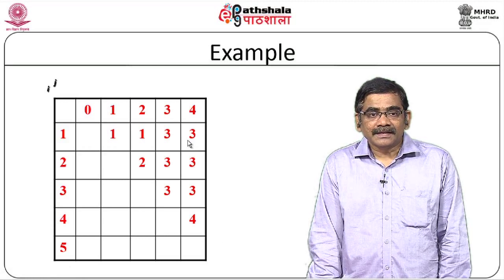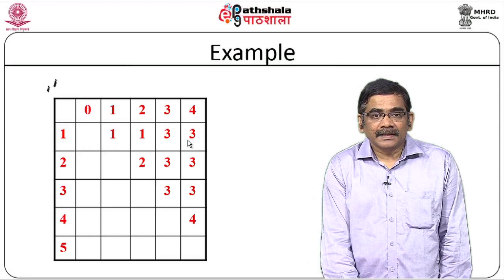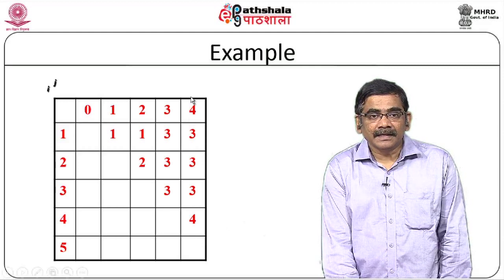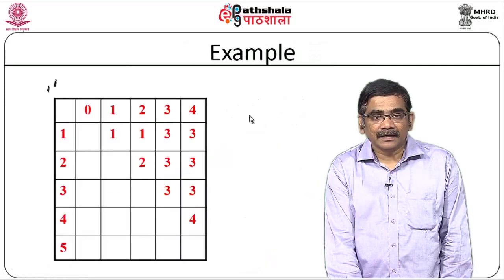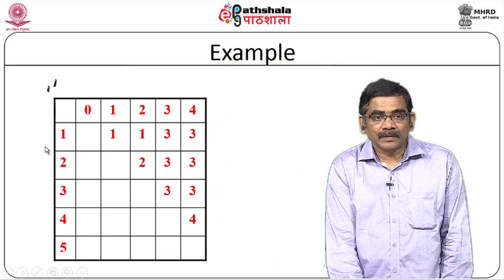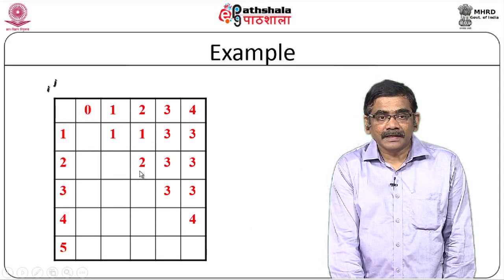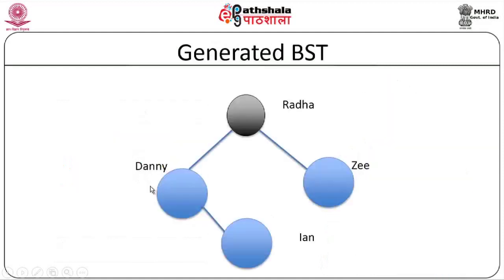Then 1 comma 2 is going to be 2, so A 2 is going to be the root node of that subtree.